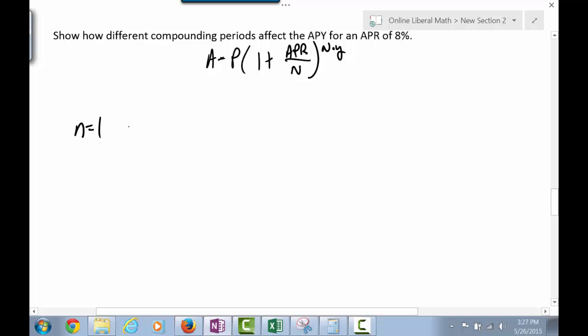So we're not going to worry about a principal. We're just going to look at that 1 plus APR divided by n. So 1 plus 0.08 divided by 1 raised to the first power would actually still give us the 0.08. I'm sorry, would still give us the 8%.